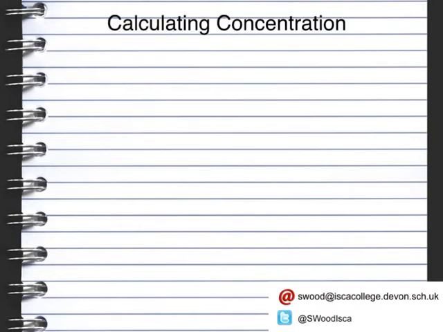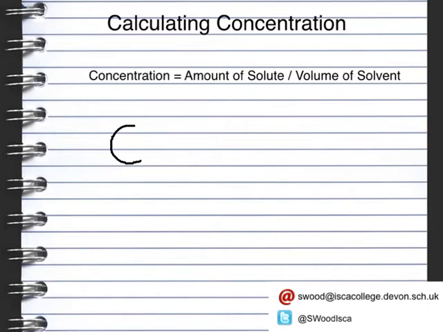Now in order to calculate the concentration in moles per decimetre cubed, you can use this equation where concentration equals the amount of solute divided by the volume of the solvent. Now we often refer to this as C is the concentration, N is the amount of solute, and V is the volume of solvent.